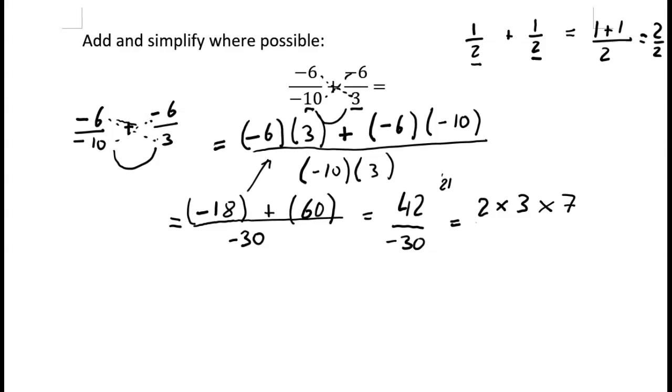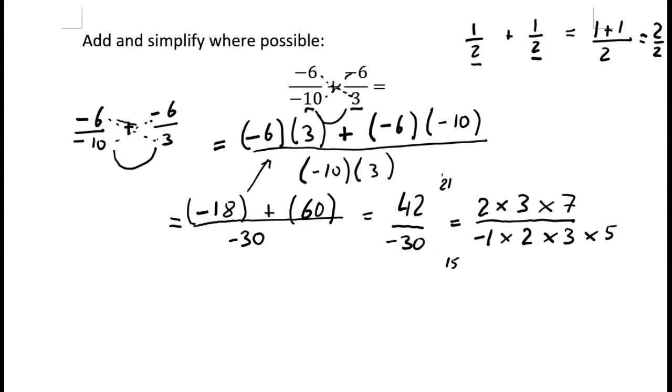So that is the numerator factorized, and we can do the same thing for the denominator. We can factorize it. We have a negative, so it will be -1 times, we can divide that by 2, 30 divided by 2 is 15, and 15 can be written as 3 times 5.